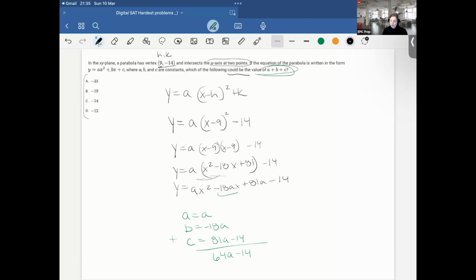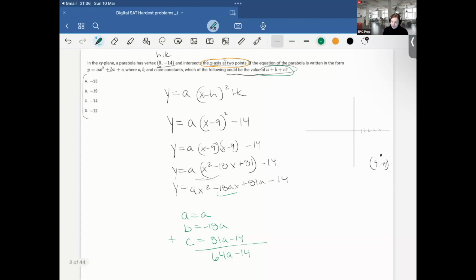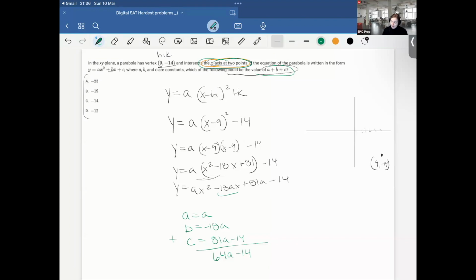Well, I'm looking for what could be the value. Important: I'm told that this crosses the x-axis at 2 points. Imagine here, if I have the parabola and my vertex is around here, let's say this is the 9, -14. In order for it to intersect the x-axis at 2 points, it must open upward.